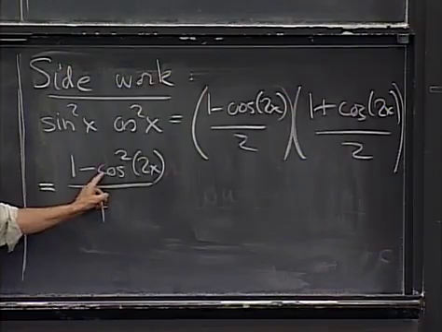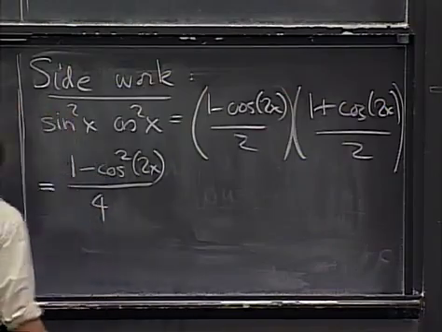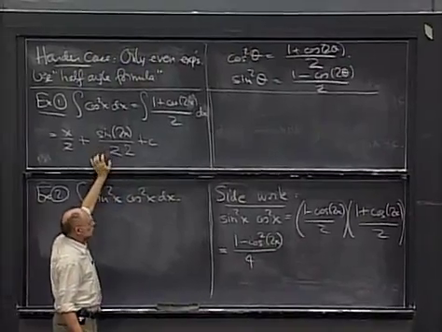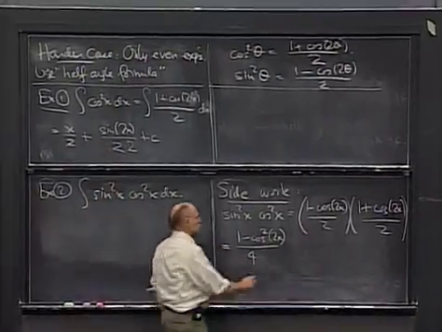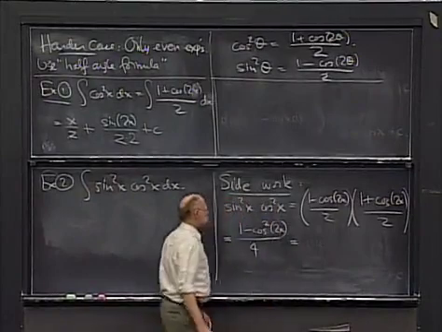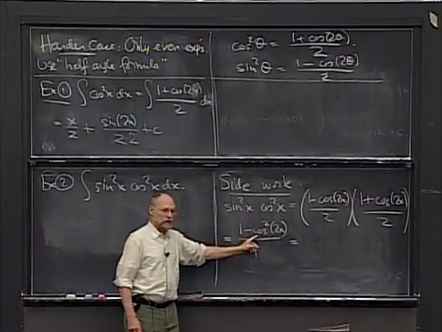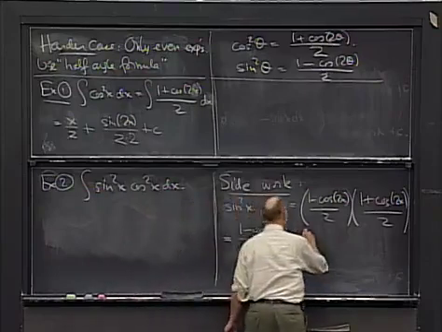Okay? But we do know what to do about this because I just did it up there. And I could plug into this formula that we got, but I think it's just as easy to continue to calculate here, use the half-angle formula again for this, and continue on your way.